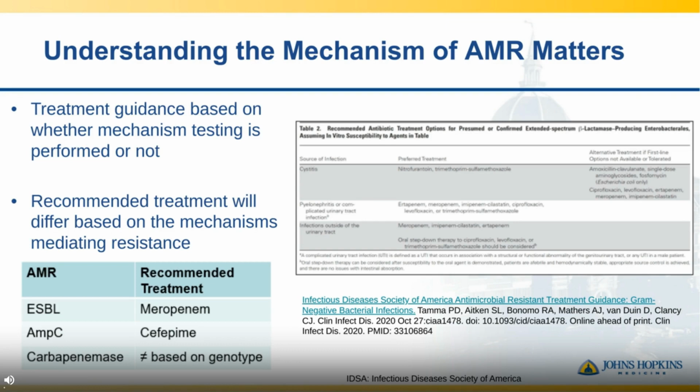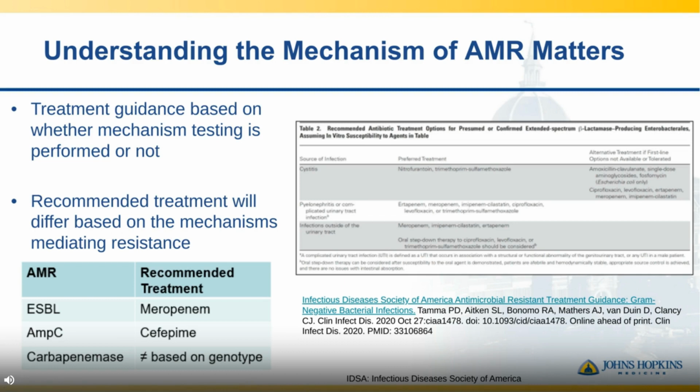So for example, if your phenotype is third generation cephalosporin resistance, you don't know based off of the phenotype whether that's mediated by ESBL or AmpC. That being said, if you knew the mechanism mediating resistance, the recommended treatment would differ, where with ESBL, meropenem would be the recommended therapy versus AmpC, cefepime. So not only understanding the phenotype, but knowing the mechanism mediating that phenotype can be helpful.